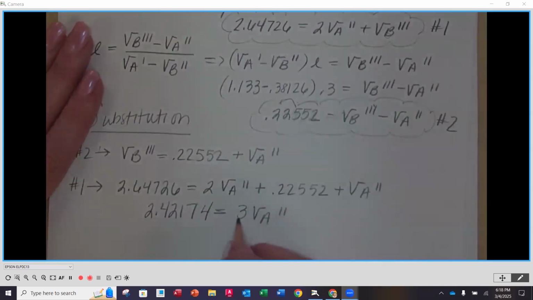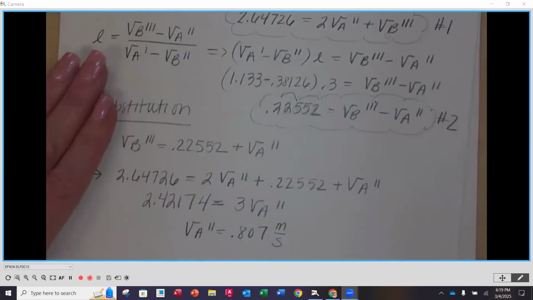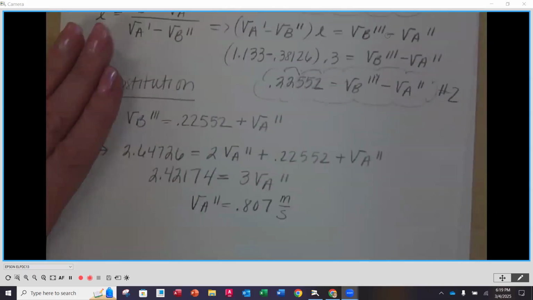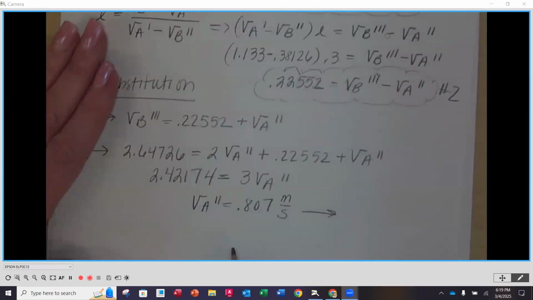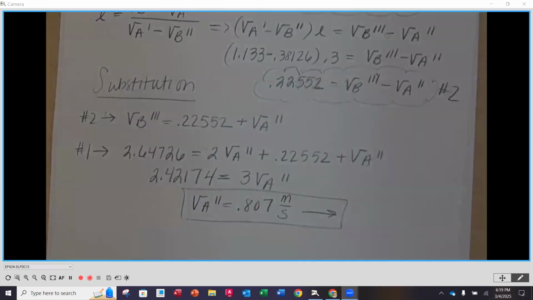So I got VA double prime is 0.807 meters per second. It's a positive value, which confirms the direction that we assumed was going to the right. So there you go. Mine was 0.804, the numbers that I had. It was relatively close, but it's good to be correct.